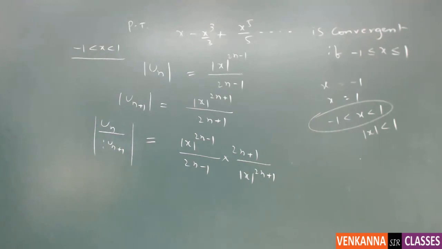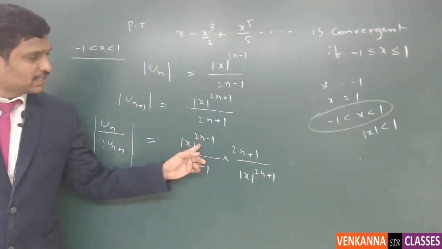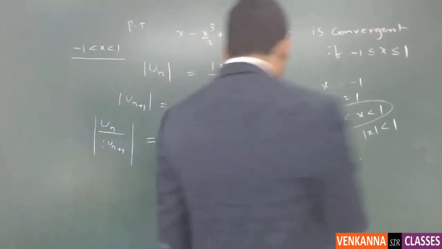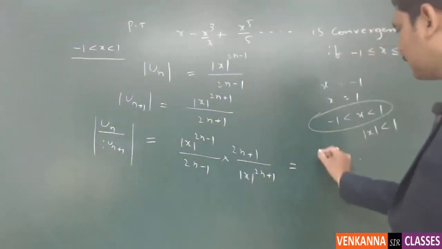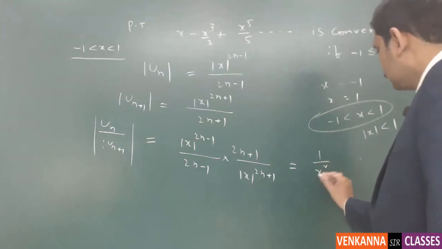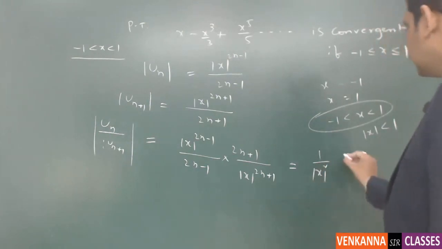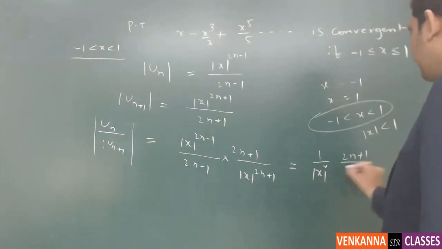This equals to, now how to simplify this? So you can say this is 2n minus 1, this is 2n plus 1. Here you get x square remains, and this will be 2n plus 1 by 2n minus 1.